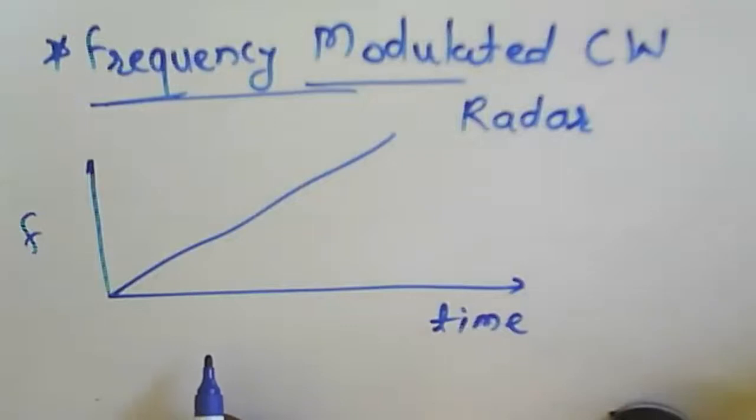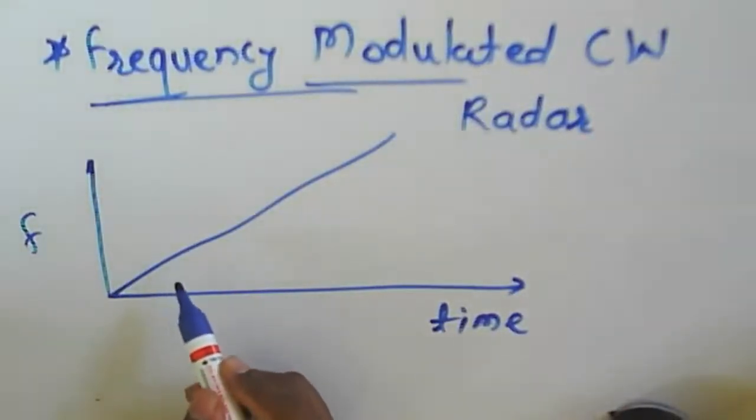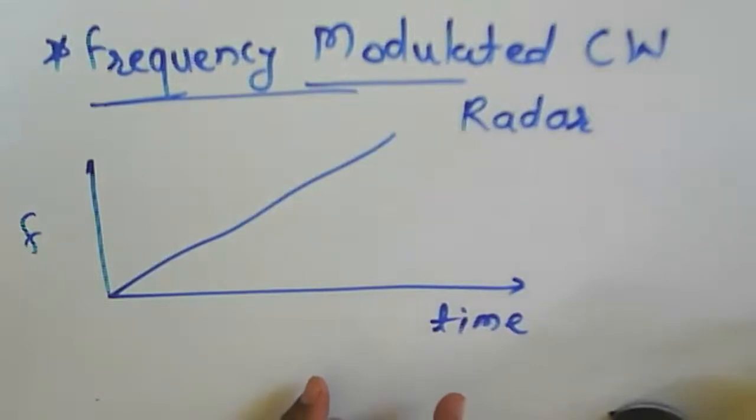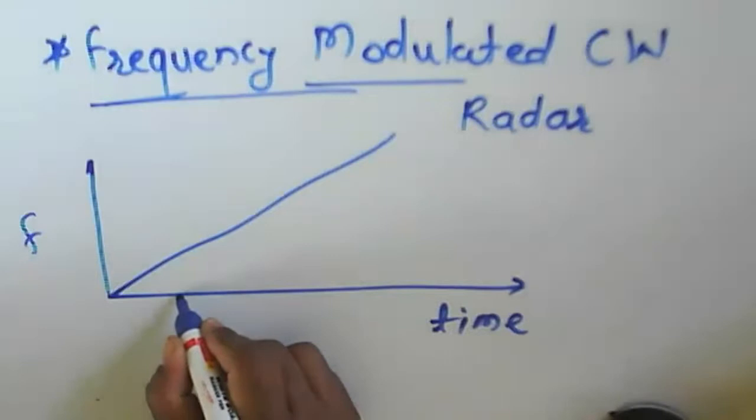The transmitter frequency is changed with respect to time. Then we are expecting the echo signal, and when we receive it there will be a small deviation.